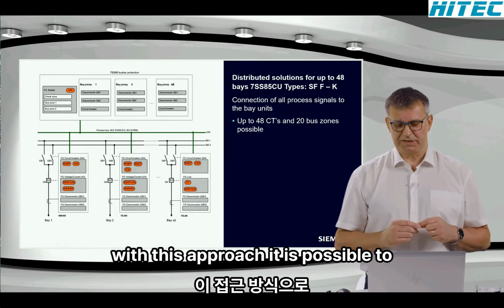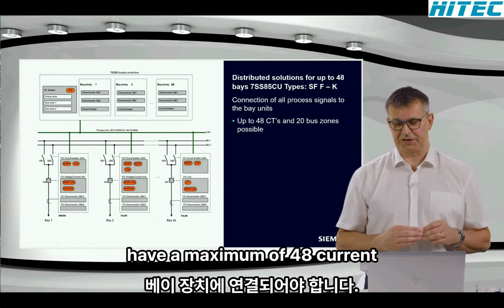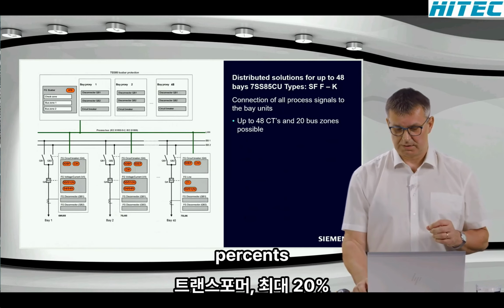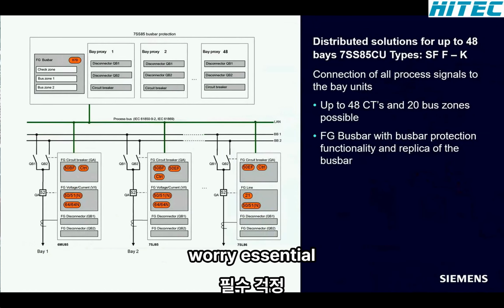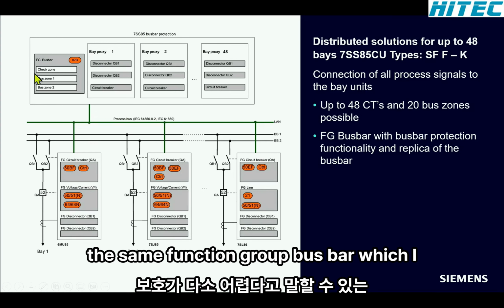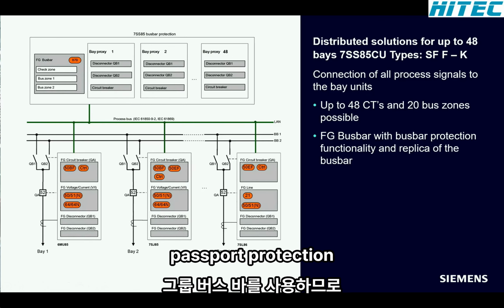With this approach, it is possible to have a maximum of 48 current transformers and we have a maximum of 20 bus zones. Very essential. This approach is using the same function group busbar, which I could say is more or less the heart of the busbar protection.